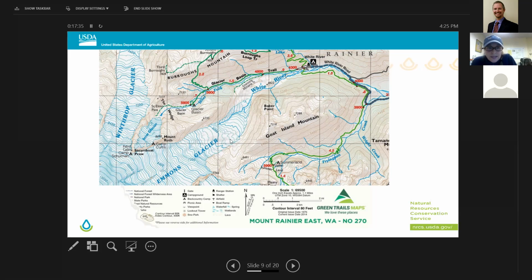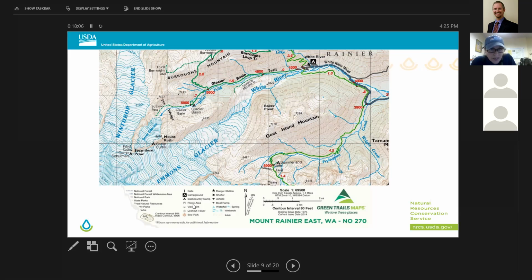What else do I see on here? Are there any campgrounds on this map? Where could I camp? On White River Road. Yep, there's a camp there. There's even a little backcountry camp by Glacier Basin.